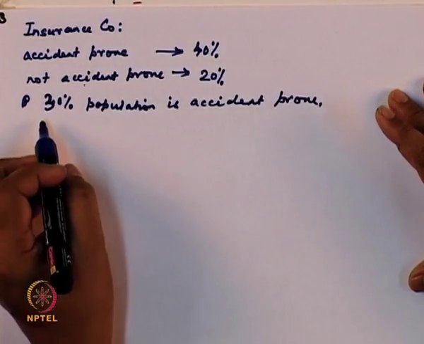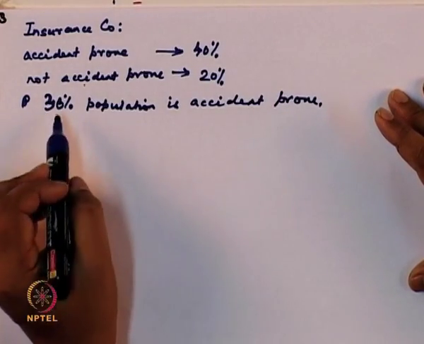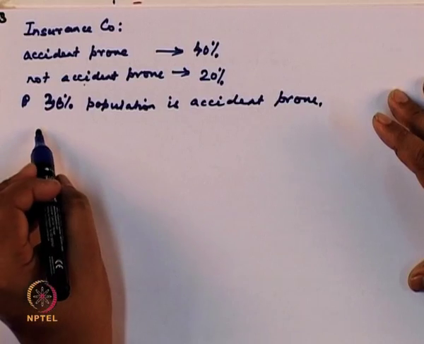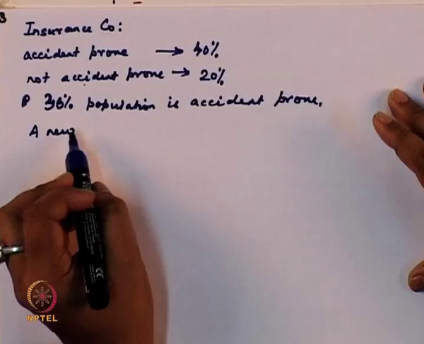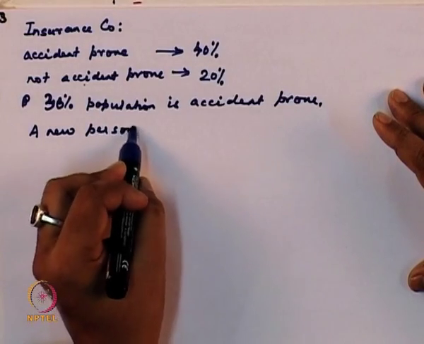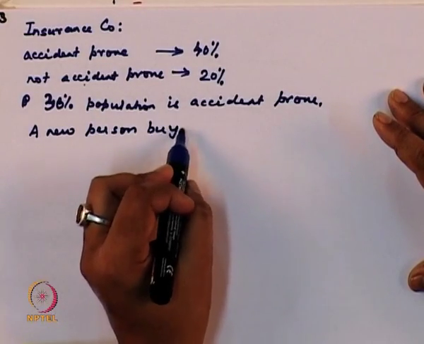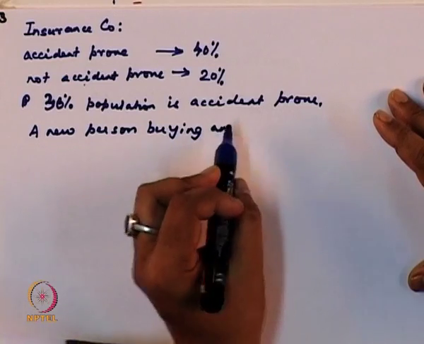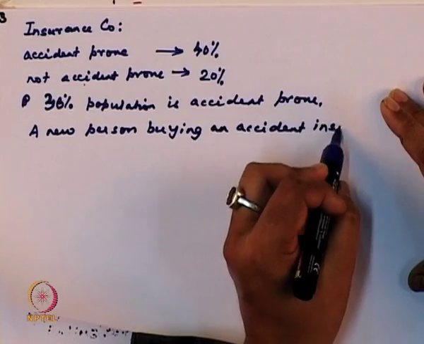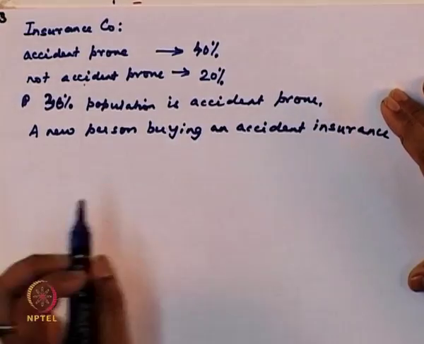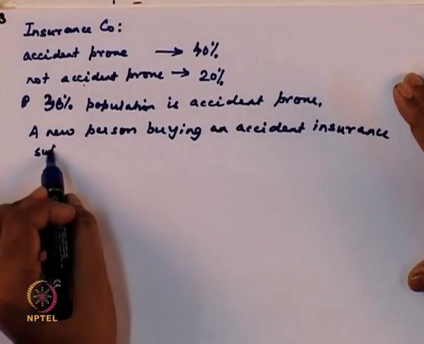I want to calculate the probability that a new person buying an insurance suffers an accident.